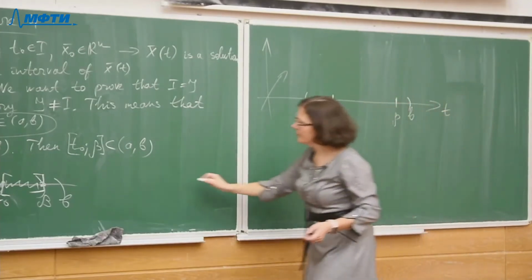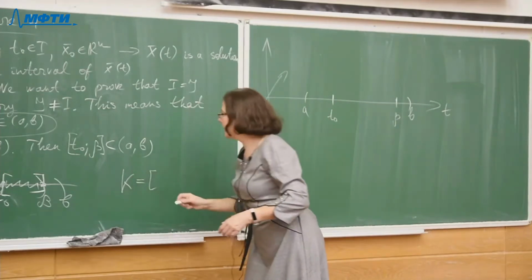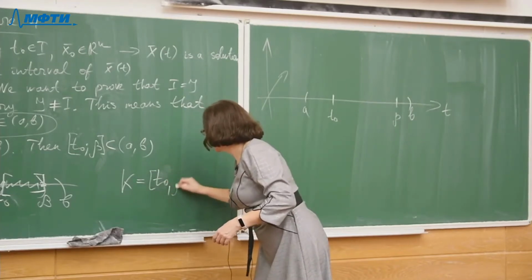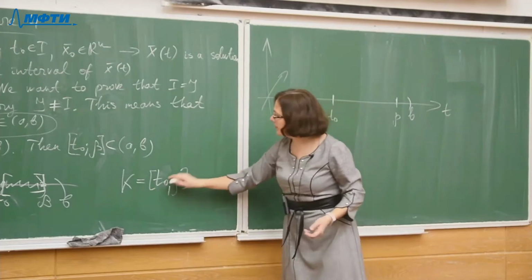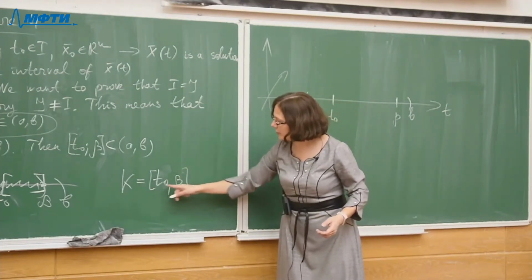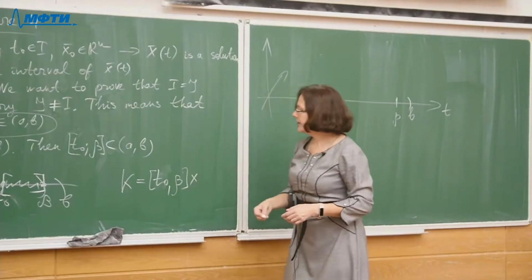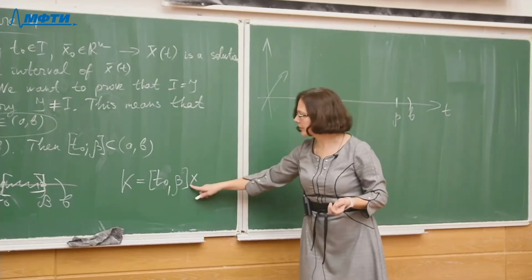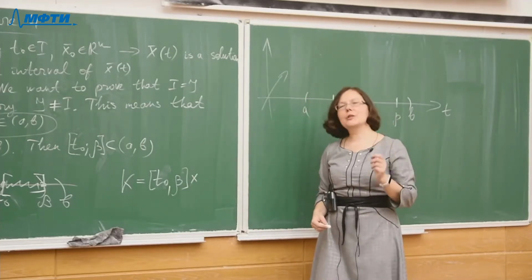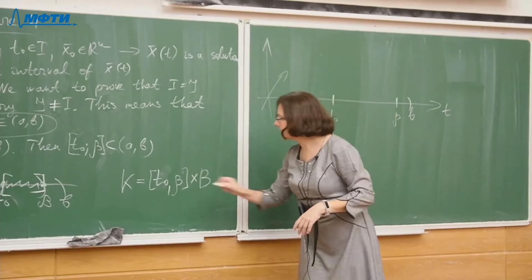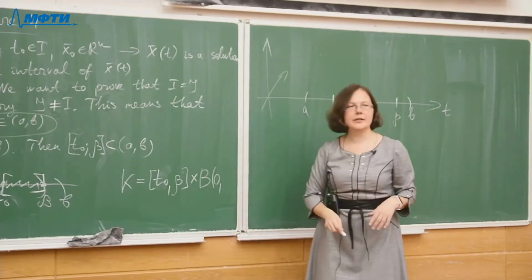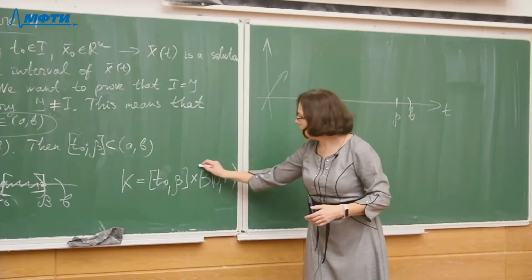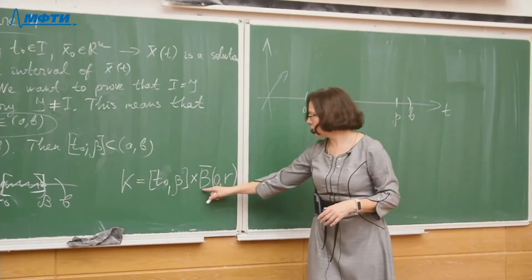The compact set will be the direct product of the closed interval from t0 to beta times, a compact set, the direct product of two compact sets, and I want to consider a ball or a disk centered at the origin and of radius r. Let r be the radius, and it should be a closed ball.